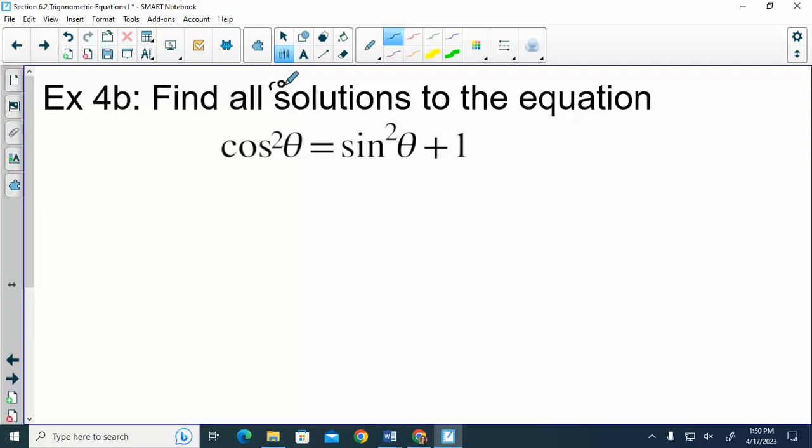Let's find all radian solutions to this equation. Okay.